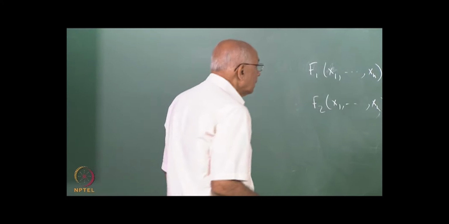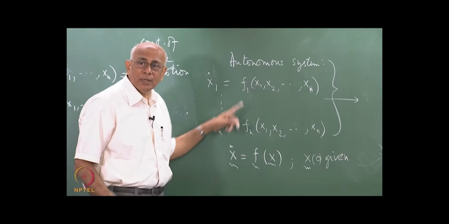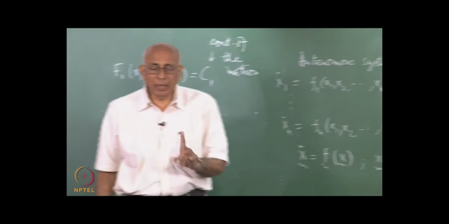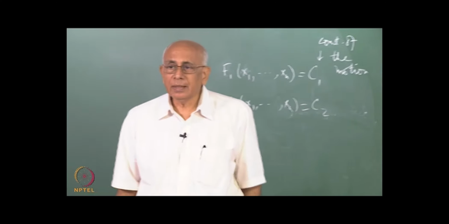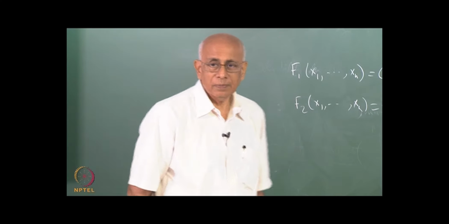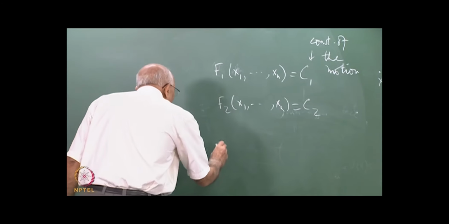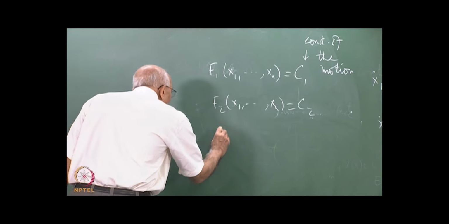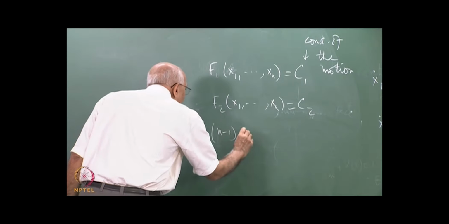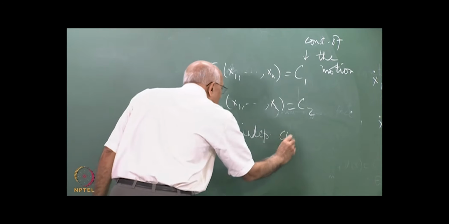Therefore, the phase trajectory itself, it is clear, being a one dimensional object, is the intersection of n minus 1 such hypersurfaces. In other words, for you to integrate completely, you need to be able to write down n minus 1 functionally independent constants of the motion.